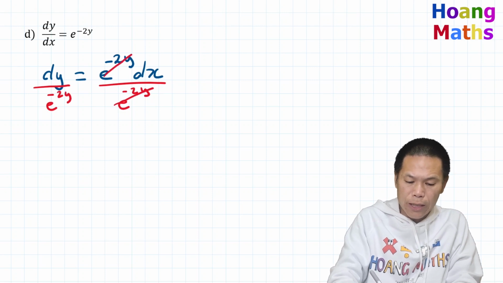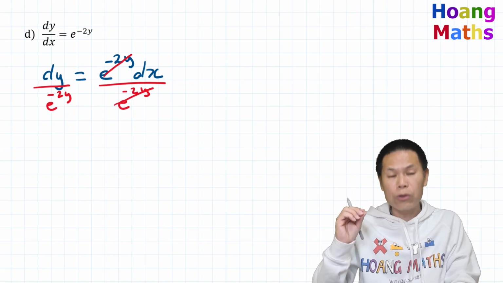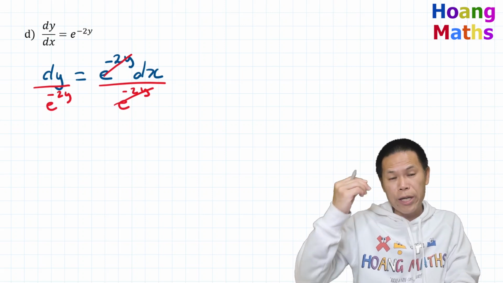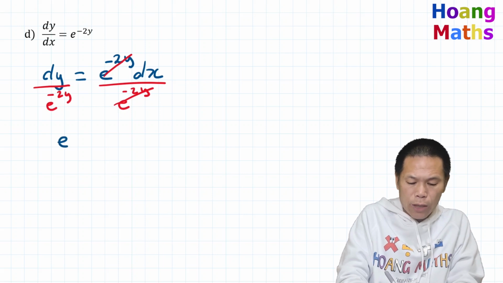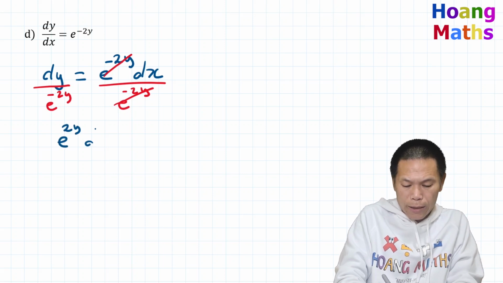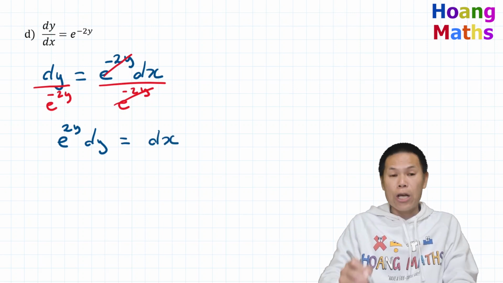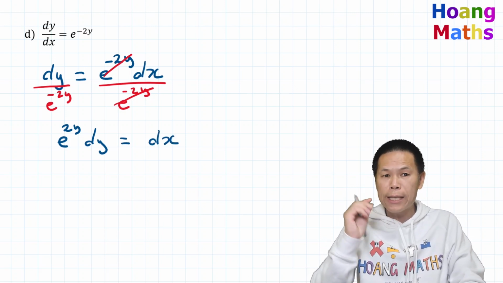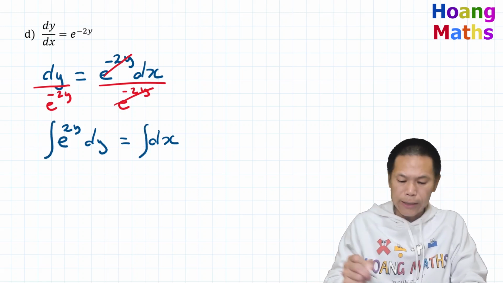That cancels out. So now I have dy over e to the negative 2y. I can bring it up and it becomes positive. So this is exactly the same as e to the 2y dy, and that is dx. So now I integrate both sides. That means I integrate this side and I integrate this side.